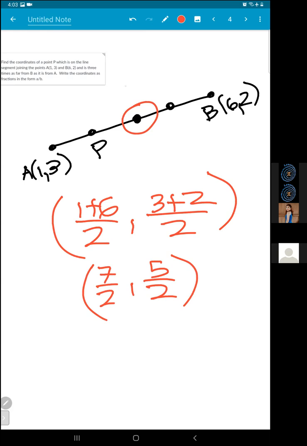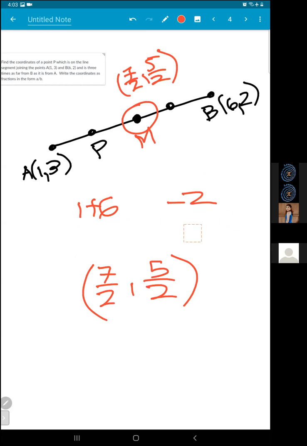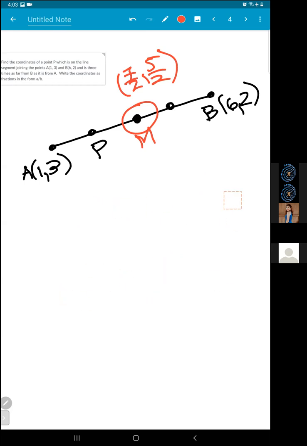And then the midpoint of the midpoint, I mean the midpoint of AM.